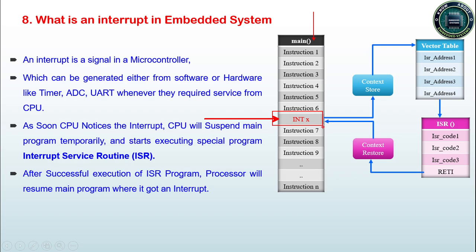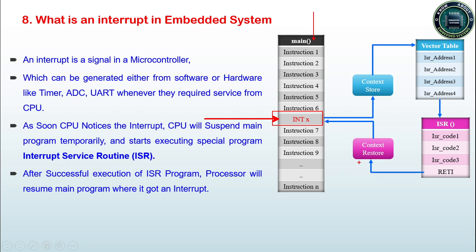The main program will be halted and the CPU starts executing a special program called the interrupt service routine. Whenever there is an interrupt, the main program will stop executing and it will store some basic important information in the stack, and it will go to the vector table. From the vector table, it will take the interrupt service routine address, and later your processor will jump to the interrupt service routine, and then it will execute the ISR.